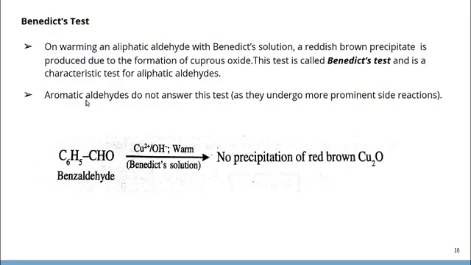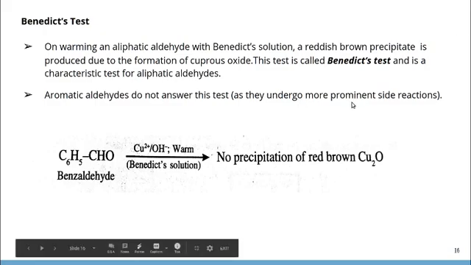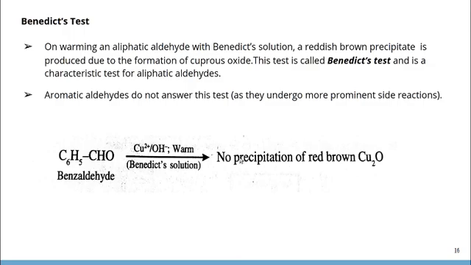So Benedict's test is answered only by aliphatic aldehydes. Aromatic aldehydes do not answer this test as they undergo more prominent side reactions. So here we have benzaldehyde, an aromatic aldehyde. On treating with Benedict's solution, no precipitation of red brown Cu2O occurs.